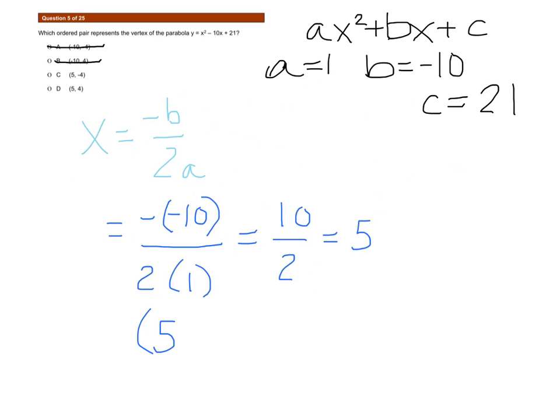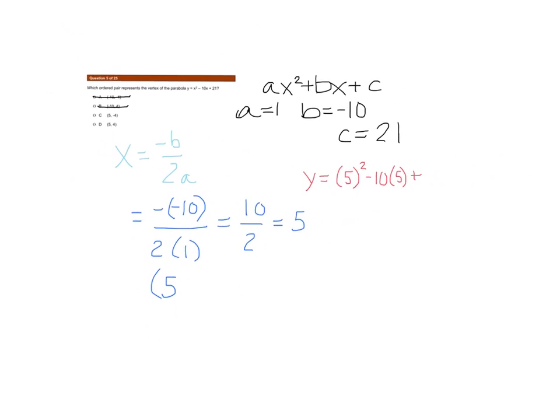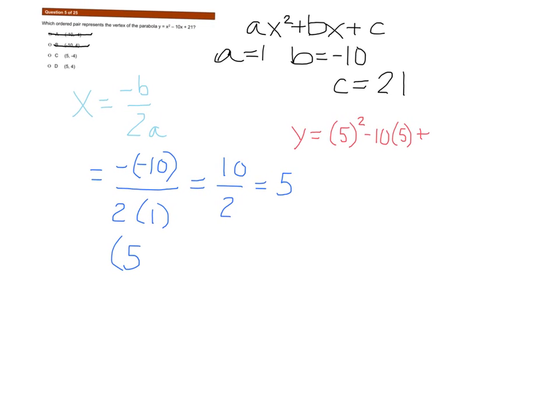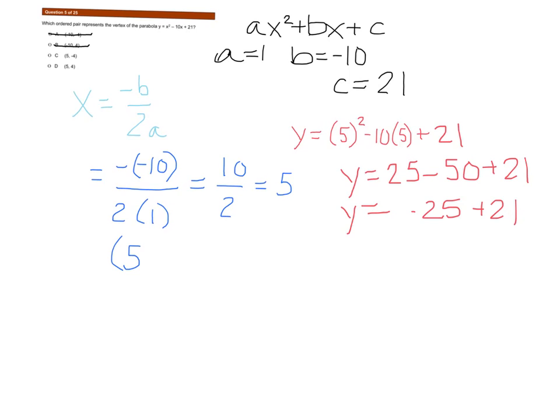So we can now take 5 and plug it into the equation. y equals, replace x with 5, 5 squared, minus 10 times 5, plus 21, and y equals 5 squared is 25, minus 50, plus 21, and y equals, well, 25 minus 50 is negative 25, plus 21, and so y equals negative 4.